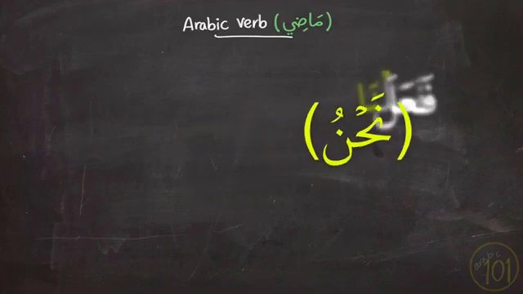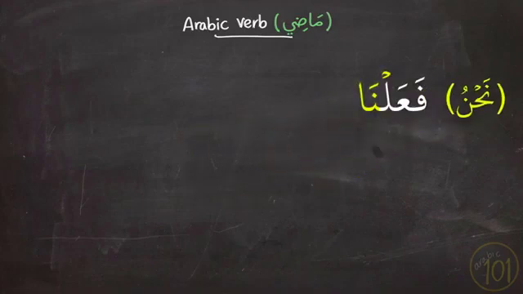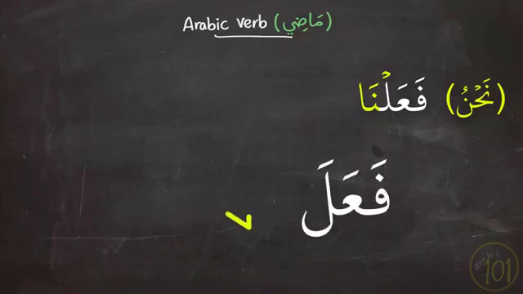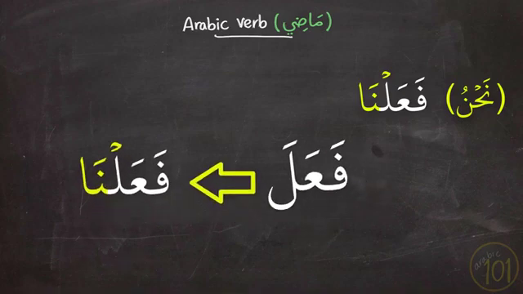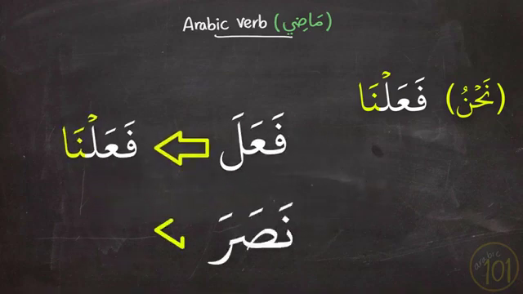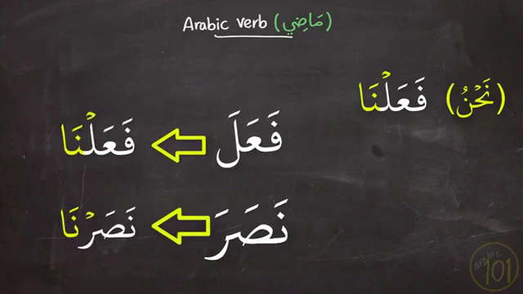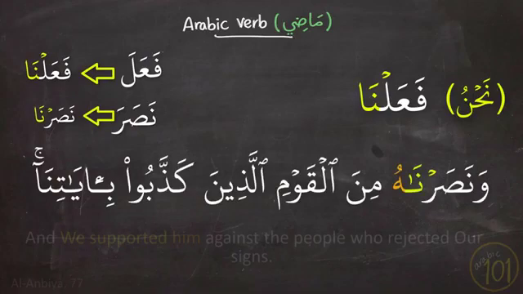Next is the first conjugation with plural pronouns. نحن, or we. And for this conjugation, you will add na to the end of the verb, and before it, you will also have sukun. So you would then turn fa'ala into fa'alna, and also nasara into nasarna, like in this example.